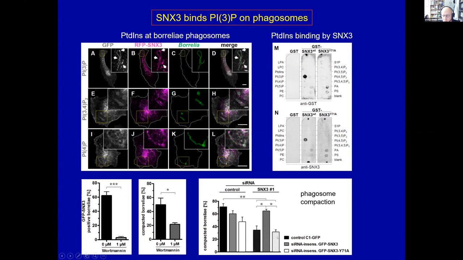However, you can't do that by an siRNA insensitive construct that has a point mutation that is no longer able to bind the PI3P. So SNCS3 and its binding of the phospholipid PI3P in the phagosomal coat is important, at least for a certain part of these compaction events that lead to degradation of Borrelia.